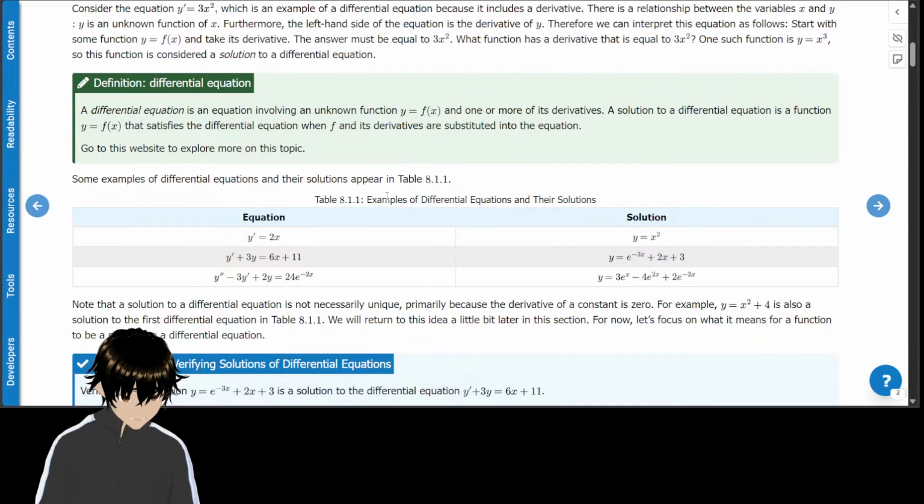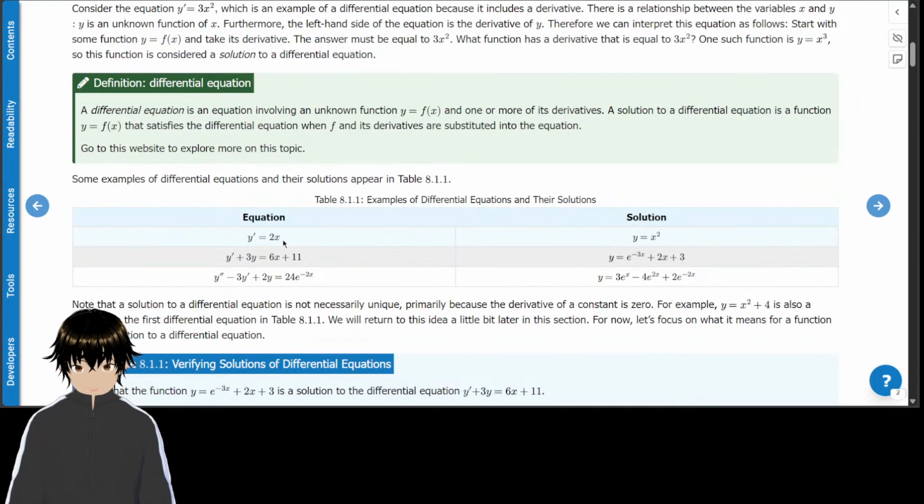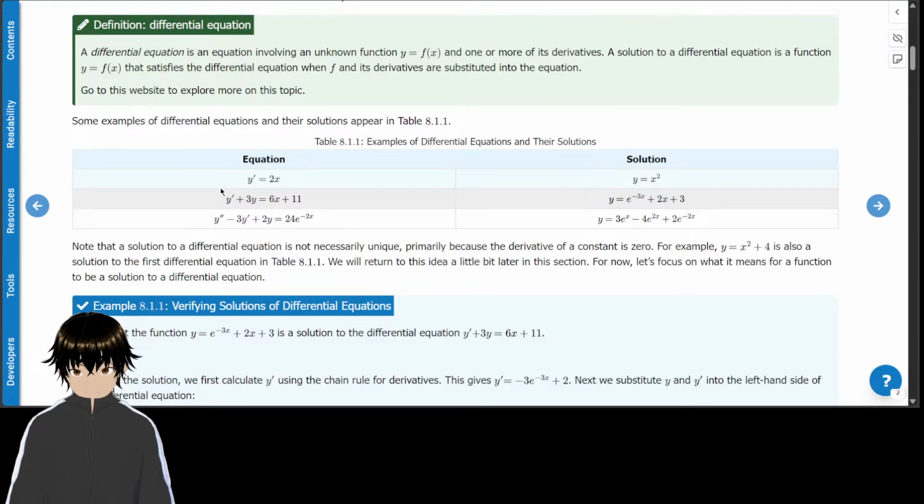So you're basically just getting the derivative of whatever the function is. And that's basically differential equations.